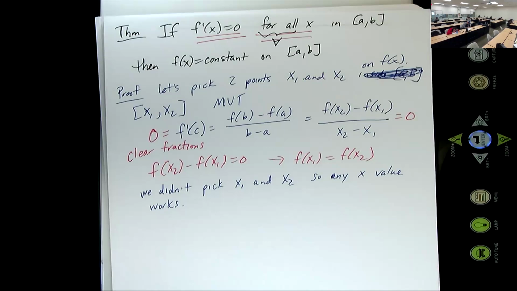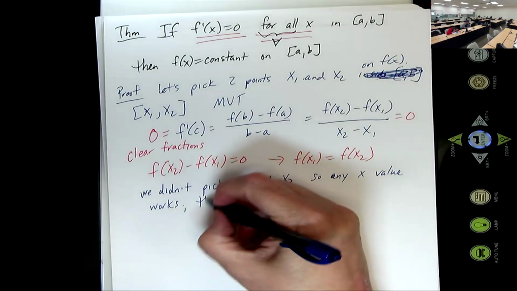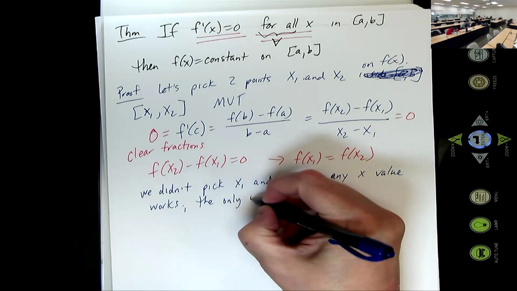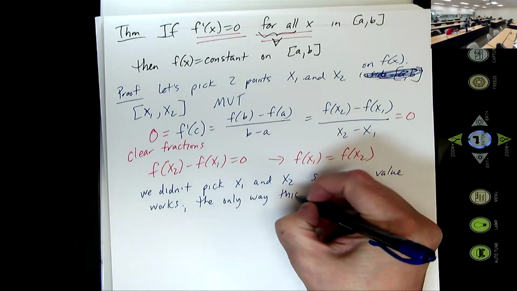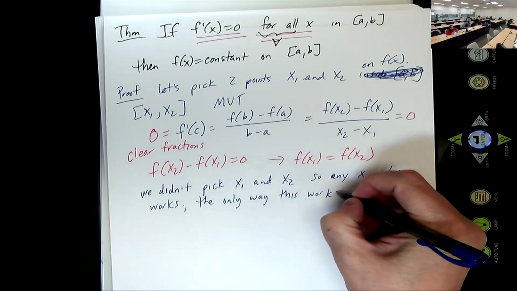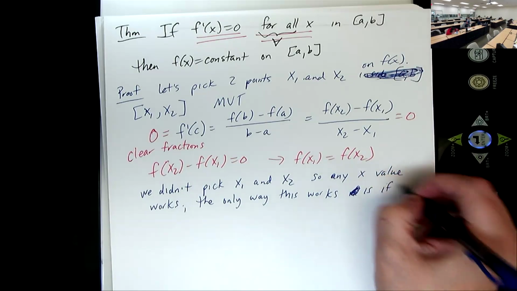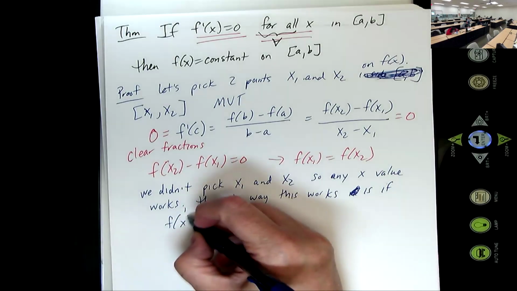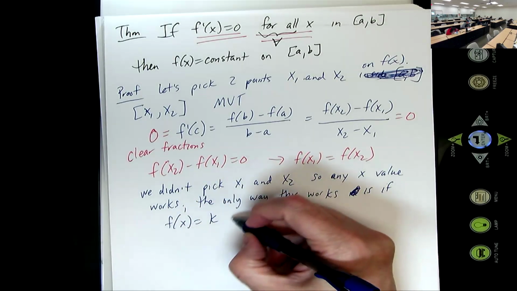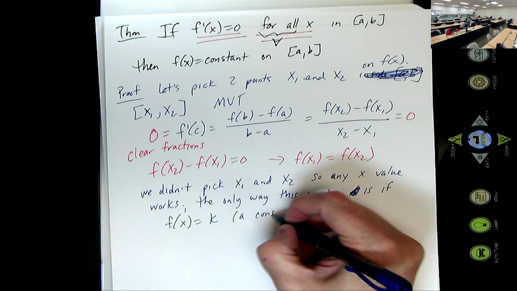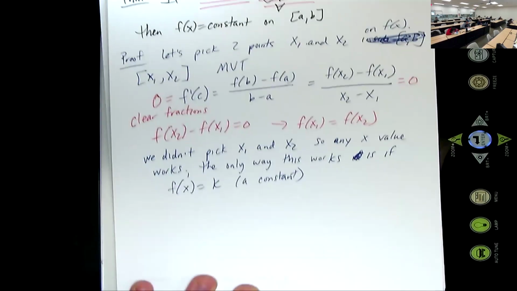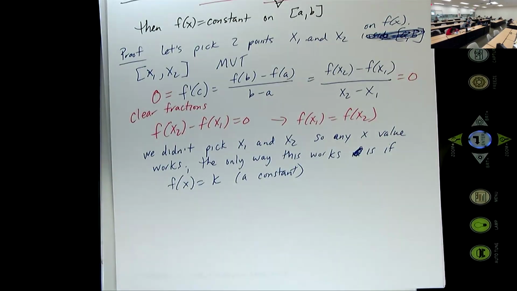And the only way this works is if f of x equals k, a constant. Any other value of x is gonna change the value. A line has different values of output.